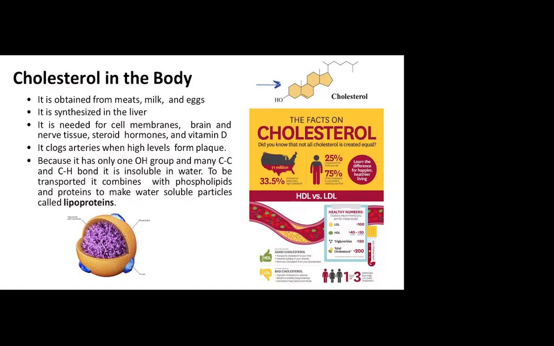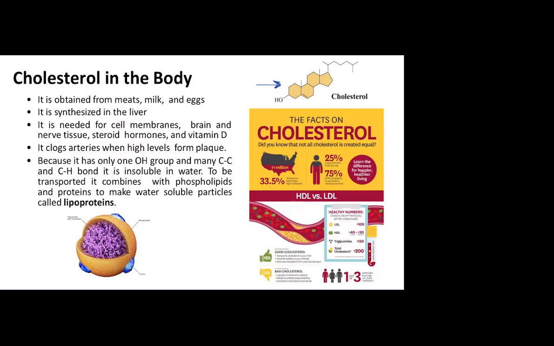Now, if you are a vegan, can you make cholesterol? Of course, because cholesterol is actually synthesized in the liver. As humans, we are technically animals, so we have the ability to synthesize this important molecule. The liver is where it is synthesized.